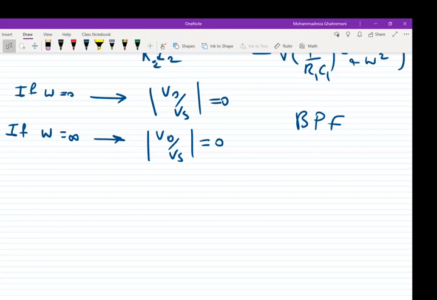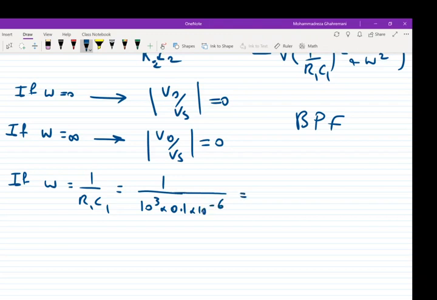So if omega is equal to 1 over R1C1, which is equal to 1 over, what was the value of R1? R1 was 10 to the power of 3. C1 was 0.1 times 10 to the negative 6. If we multiply these values, it should be equal to 1000 over 0.1, 10 to the power of 4.